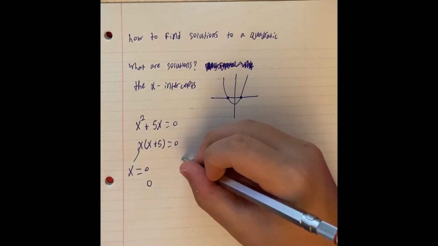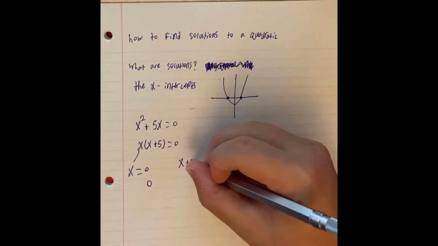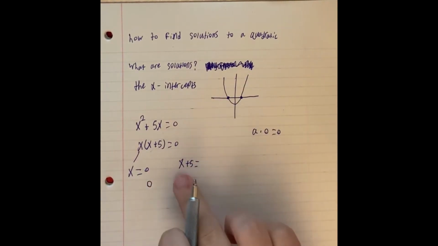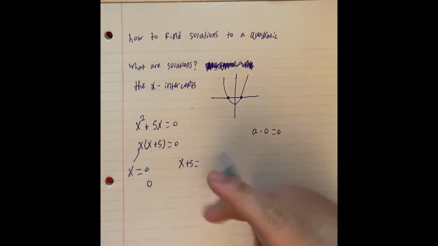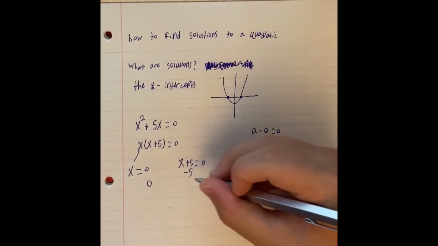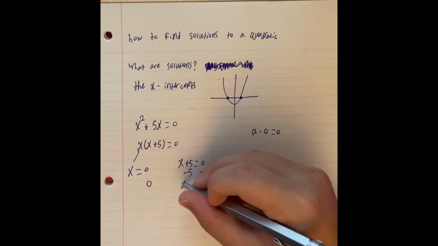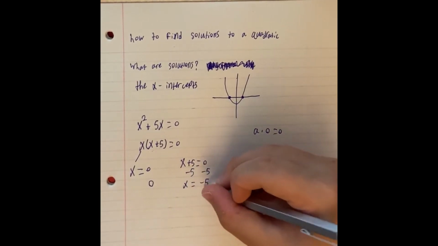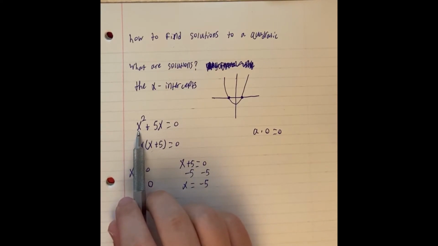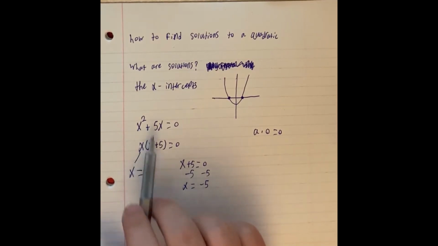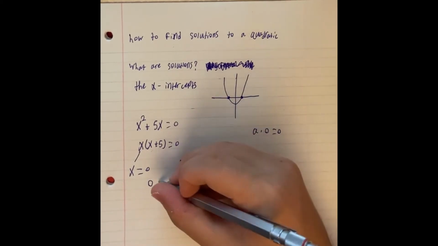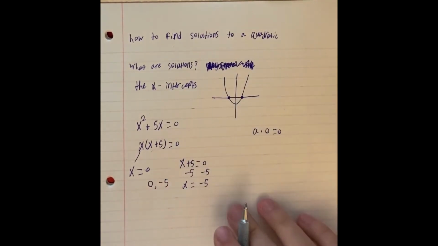What value of x makes x plus 5 equal to 0? Well, we can just isolate x, subtract 5 on both sides, and we're left with x equals negative 5. So the solutions to the quadratic equation x squared plus 5x equals 0 are just 0 and negative 5.